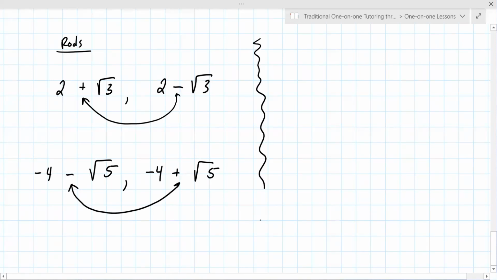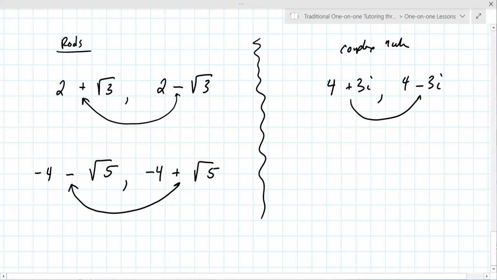Similarly, or analogous to, complex numbers. If I tell you it's 4 plus 3i, that is also paired with 4 minus 3i. And again, all you're doing is switching the sign in front of the not whole number, the root.